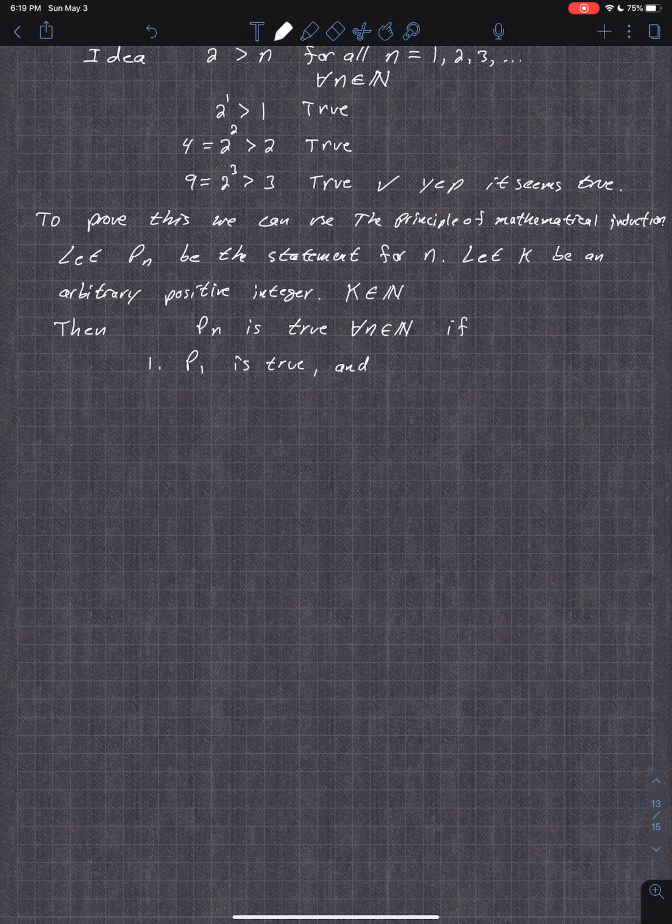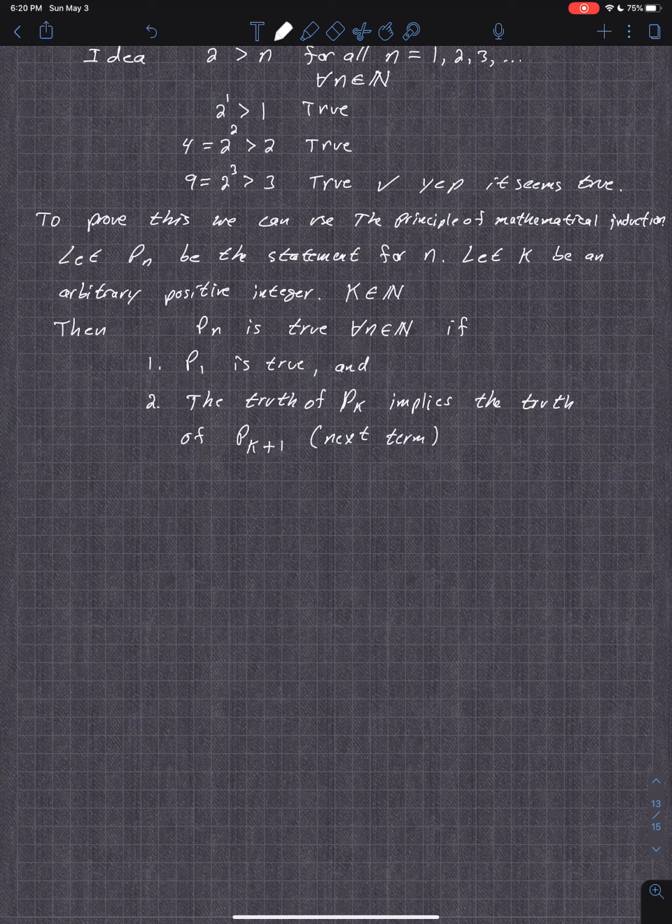And 2, this is the more difficult part, the truth of P sub k, that's for some k, not all of them, but for some k, the truth of P sub k implies the truth of P sub k plus 1, like the next term or next k.